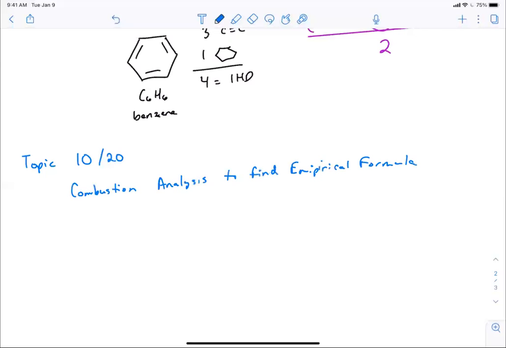So when you're combusting an organic molecule, it breaks up into various oxides, namely carbon dioxide and water. If there's nitrogen, you might produce nitrogen as well, but that's pretty straightforward because all the nitrogen has to be in the compound, so you don't really have to do any math with that.